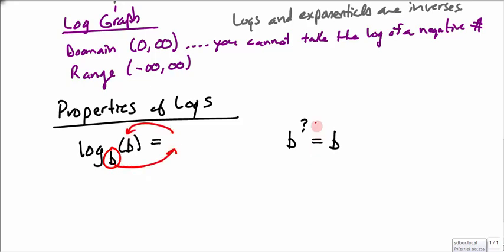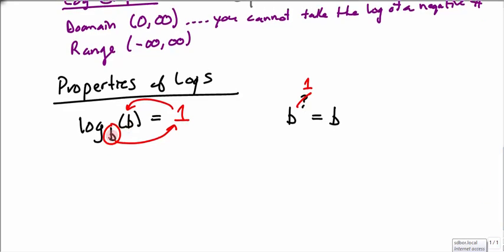Well, we know that this is 1. b to the first equals b. So log base b of b equals 1. Now this is true for any values I can plug in here. 2, 2, 5, 5, 100, 100. It doesn't matter as long as the values are the same. Now you can't have negative bases and you can't have negative arguments because you can't take the log of a negative number. So that's an example of log base b of b.